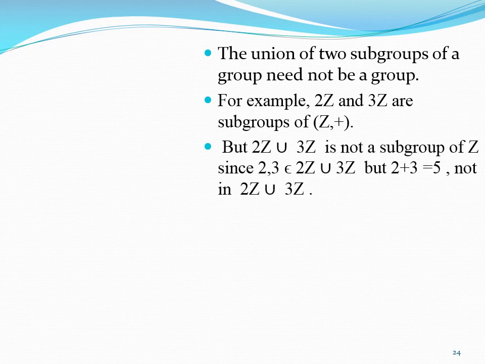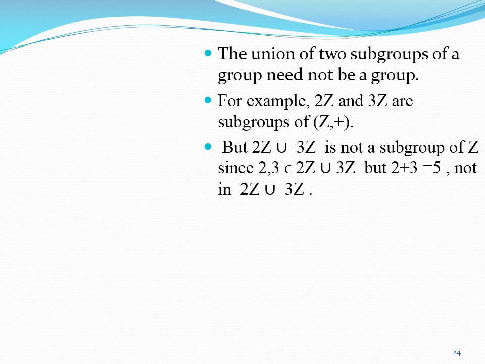Z is 0, plus or minus 1, plus or minus 2, etc. So 2Z means multiplying by 2: 0, 2, 4, 6, 8, etc. 3Z is 0, 3, 6, 9, etc. What about the union? It has 2, 3, 4, 6, 9, and so on.